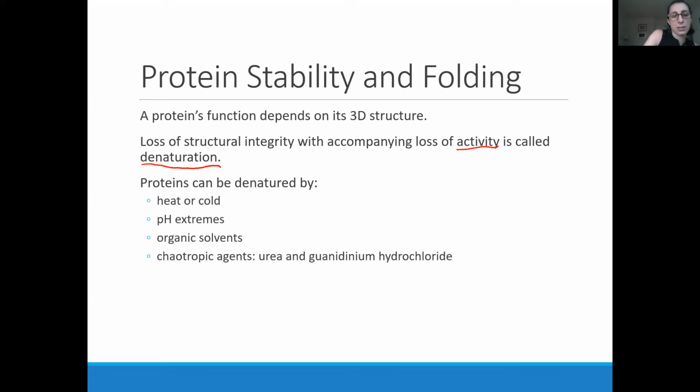These agents are going to specifically affect the disulfide bonds. And the reason for that is because chaotropic agents are going to affect the oxidative environment or the reducing environment of the protein. And those disulfide bonds will break or form depending on how reduced or oxidative the environment is.